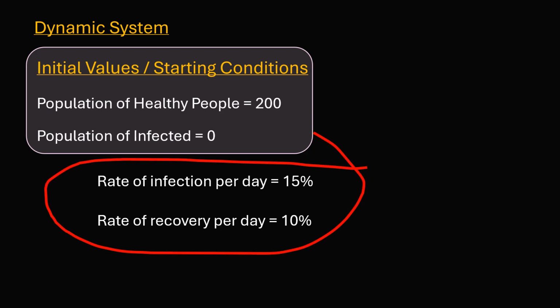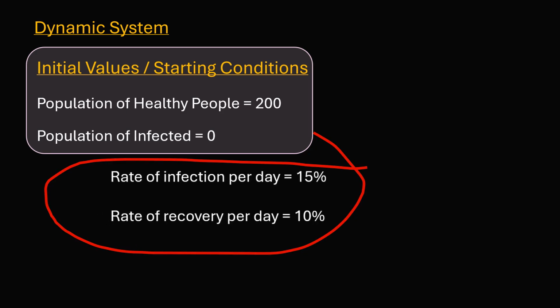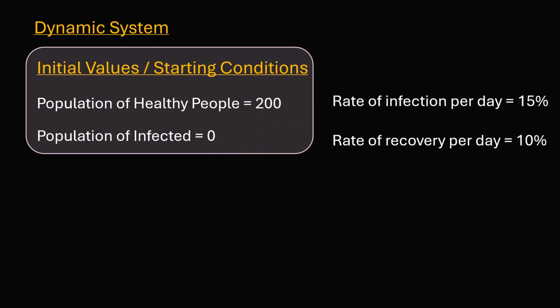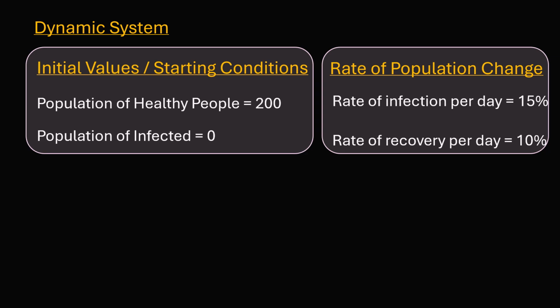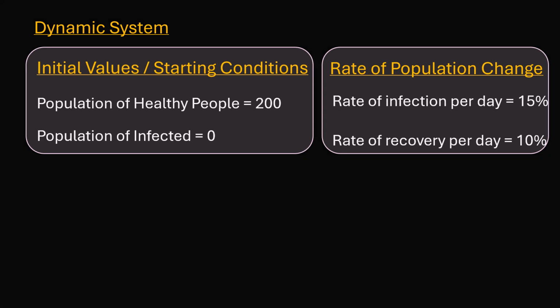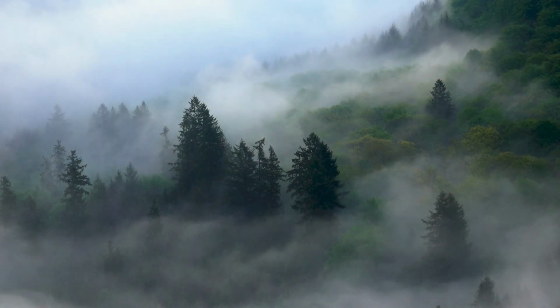I can say that these represent rate of population change, because population will rotate between healthy and infected based on the infection and recovery rate. Rate of infection per day is 15%, rate of recovery per day is 10%. So I can think about the problem in terms of initial values and rate of population change. So now you see how I have broken down a real-life scenario into a logical mathematical structure, and this will help me solve the problem.